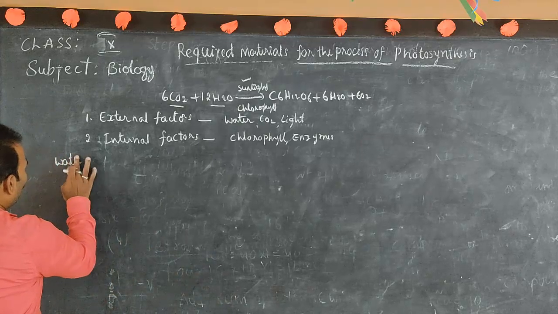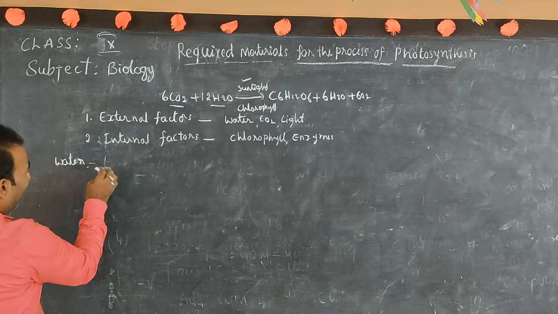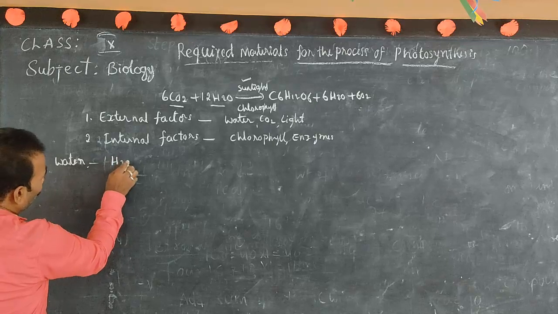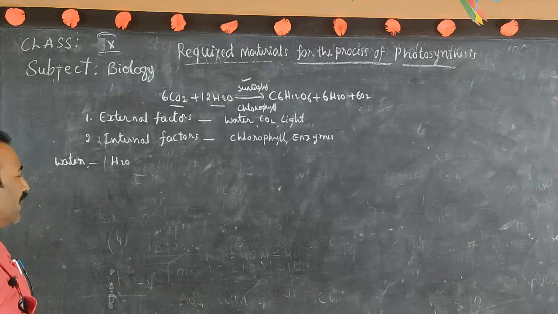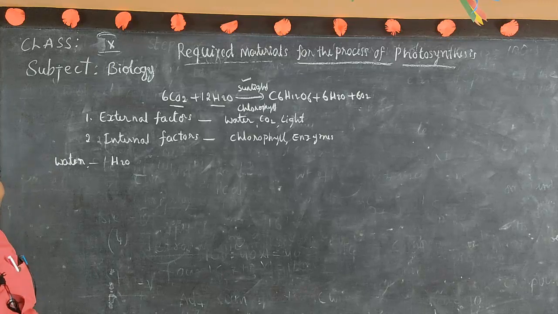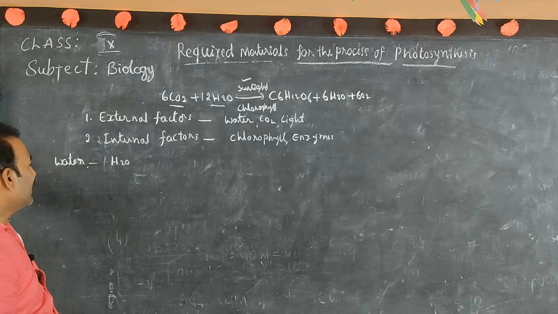Water is an important external factor of photosynthesis. Its formula is H2O and its chemical name is hydrogen monoxide. Water is essential for the process of photosynthesis.